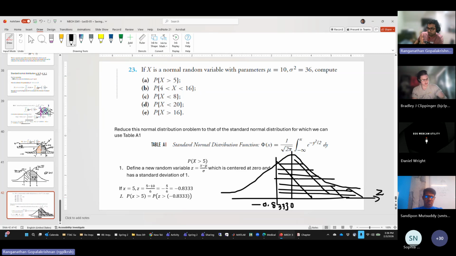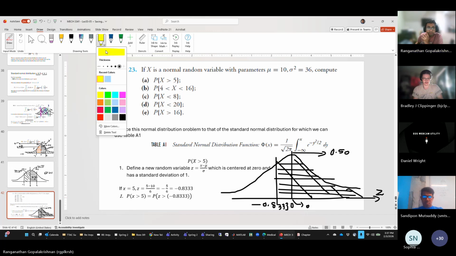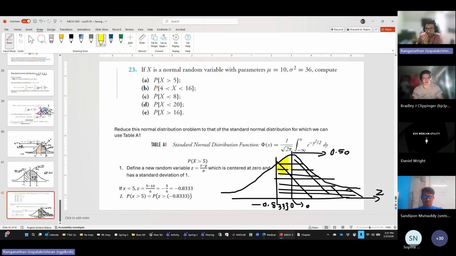With me so far? And in between here, you have 0. What is to the right of 0? Isn't this 50%? To the right of 0, you have 50% of the area, don't you? Yes. Right? So what you really want, let's say I'm highlighting this yellow region.